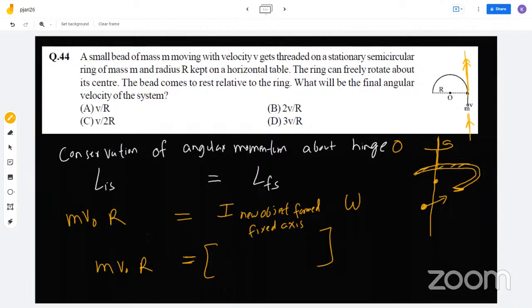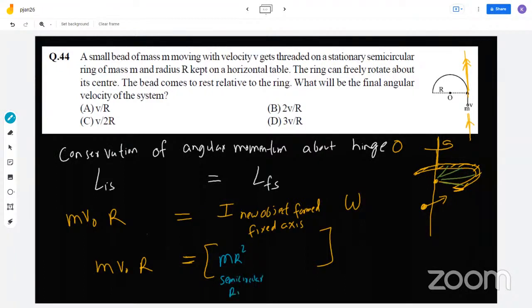So for this semicircular ring, what is the distance of all the particles? All particles are at distance r, right? If all particles are at distance r, the moment of inertia will be simply MR square. That is your semicircular ring.